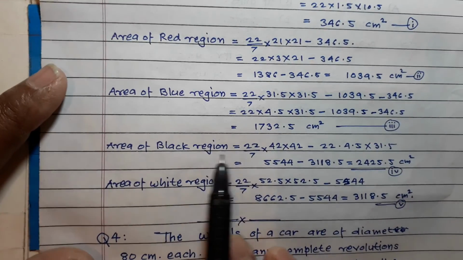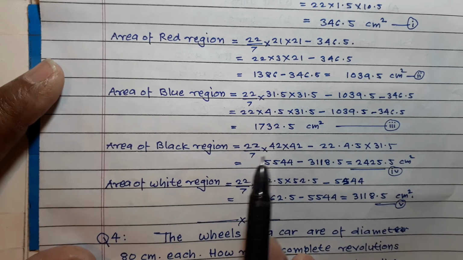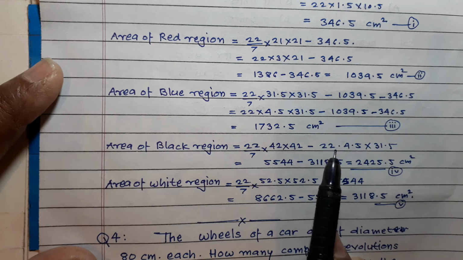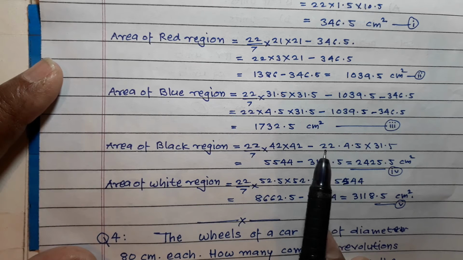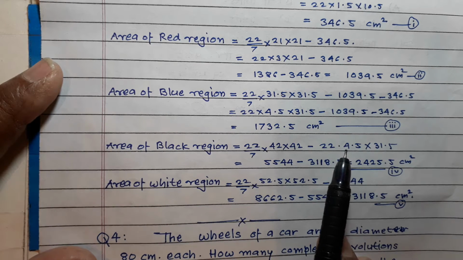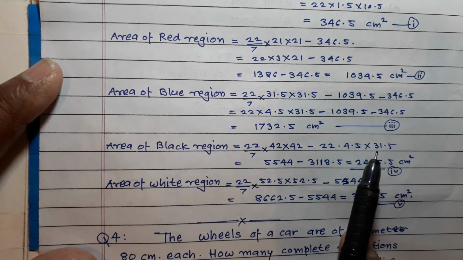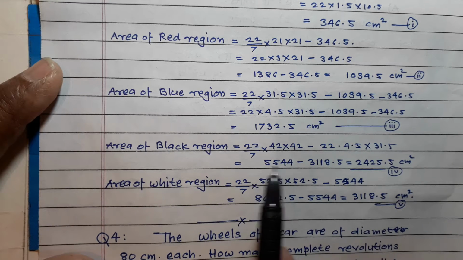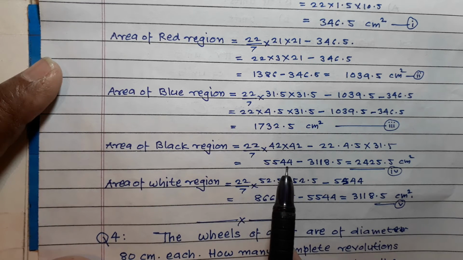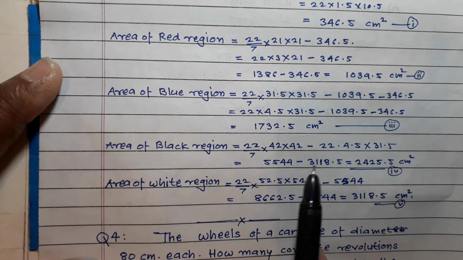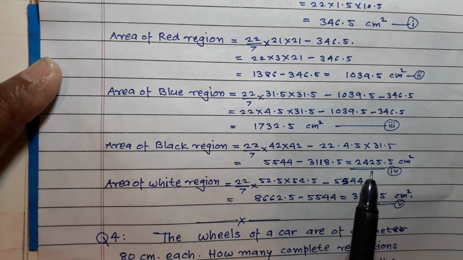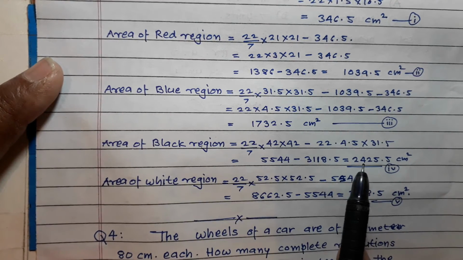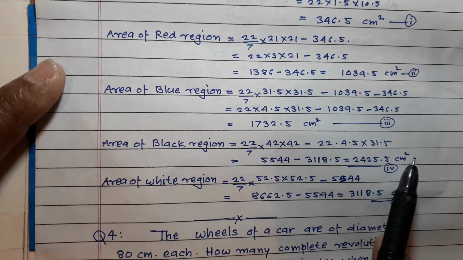Area of black region is equal to 22 upon 7 into 42 into 42 minus 22 into 4.5 into 31.5, which is equal to 5544 minus 3118.5, which is equal to 2425.5 cm square.